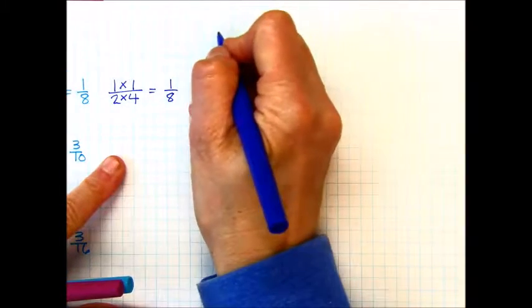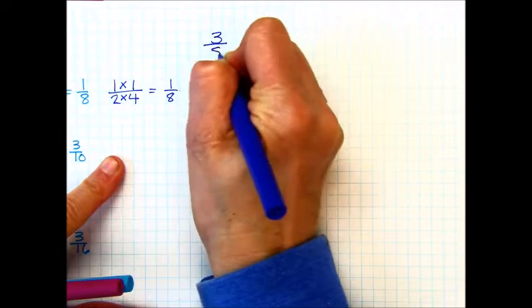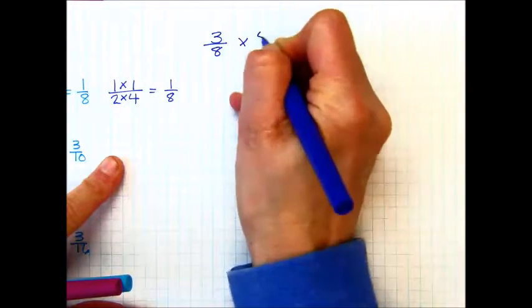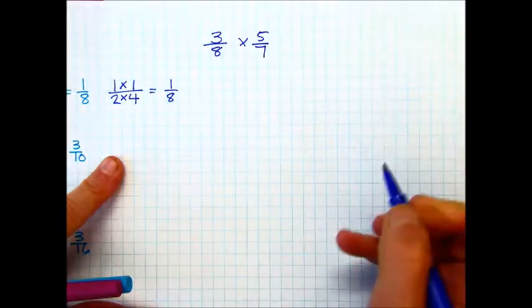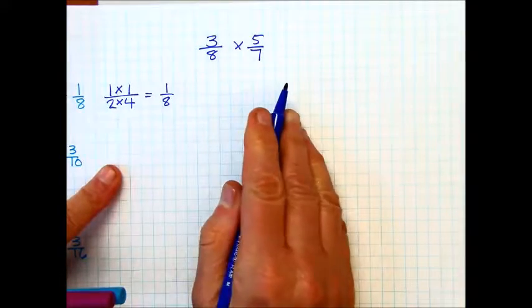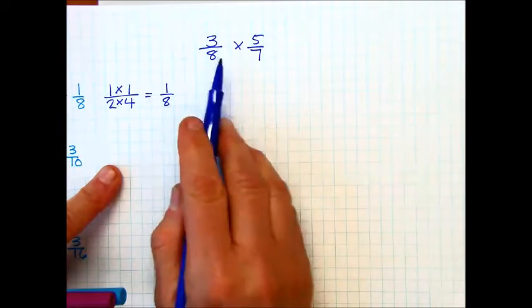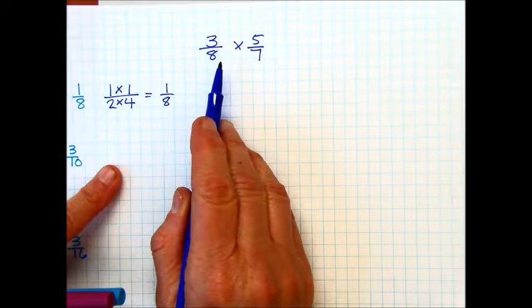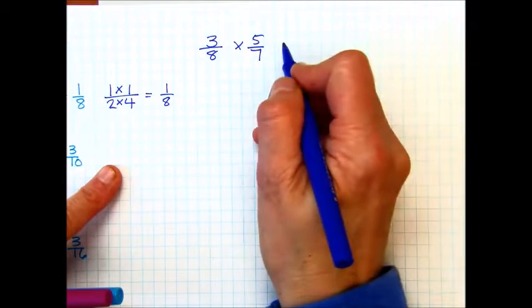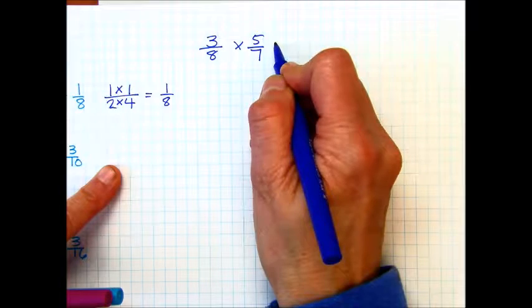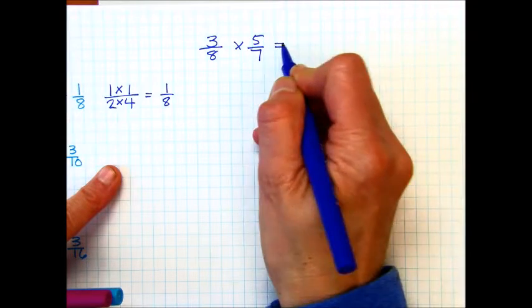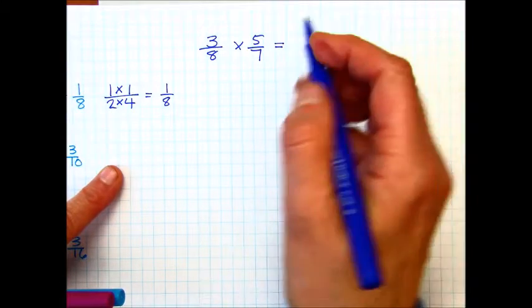Here we have 3/8 times 5/7. Now I'm not going to draw a picture, but we're going to go ahead and follow the pattern that we saw. And first I'm going to show you the longhand of what's going on, but then we're going to skip a step.